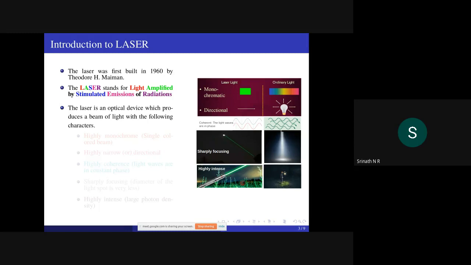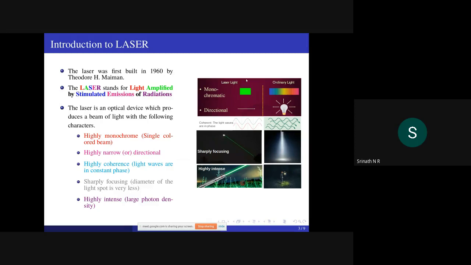The laser is an optical device which produces a beam of light with the following characters: highly monochromatic, highly directional, highly coherent, sharply focusing, and finally highly intense.